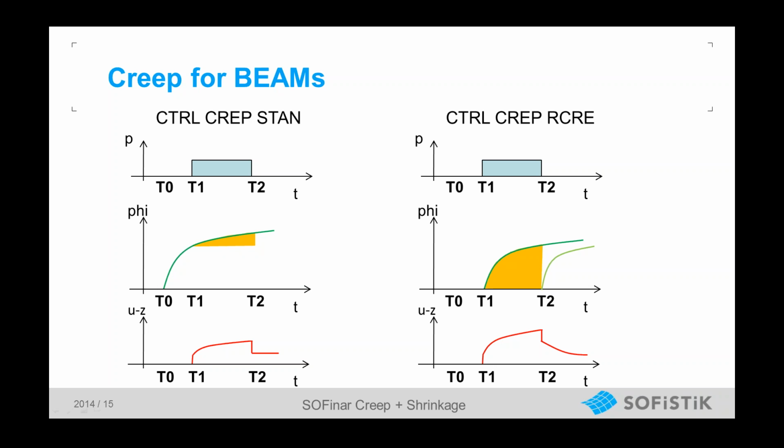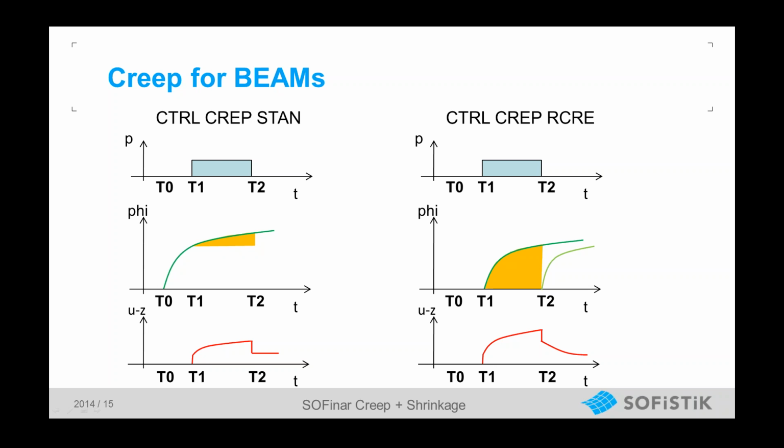Now, in the next line here, in this slide, you see the development of the phi values of both structures. For the standard creep, the phi value starts at T0, and you see the standard development of the phi value following this green line. And this is more or less exactly this here on the left-hand side.